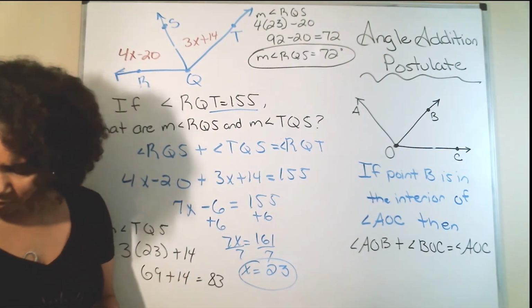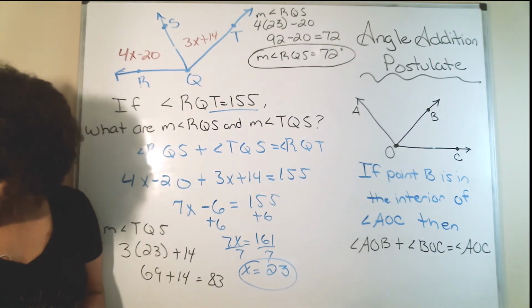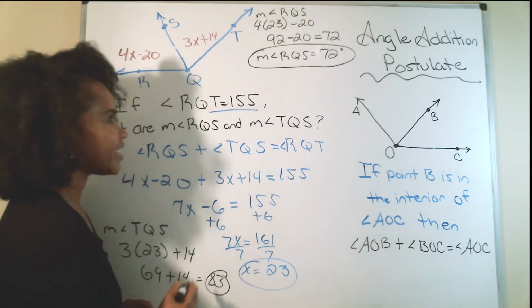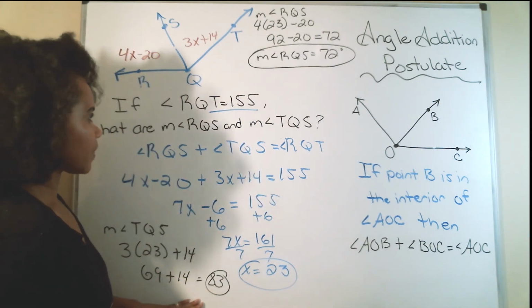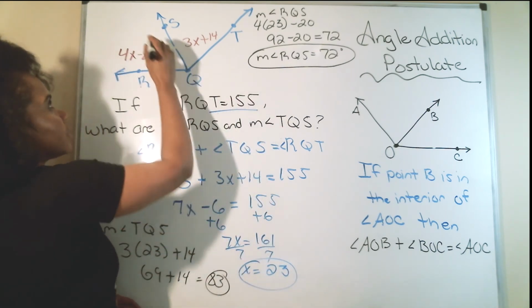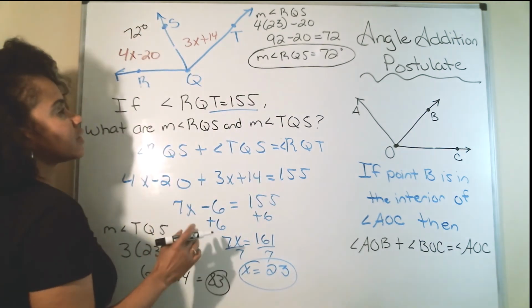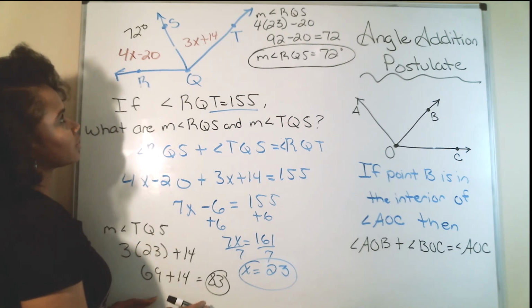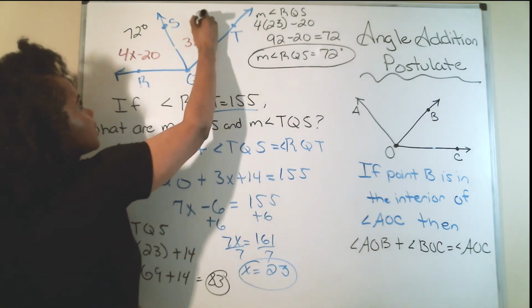Let me double check. Just double checking, that is 83. And so RQS is 72 degrees and TQS is 83.